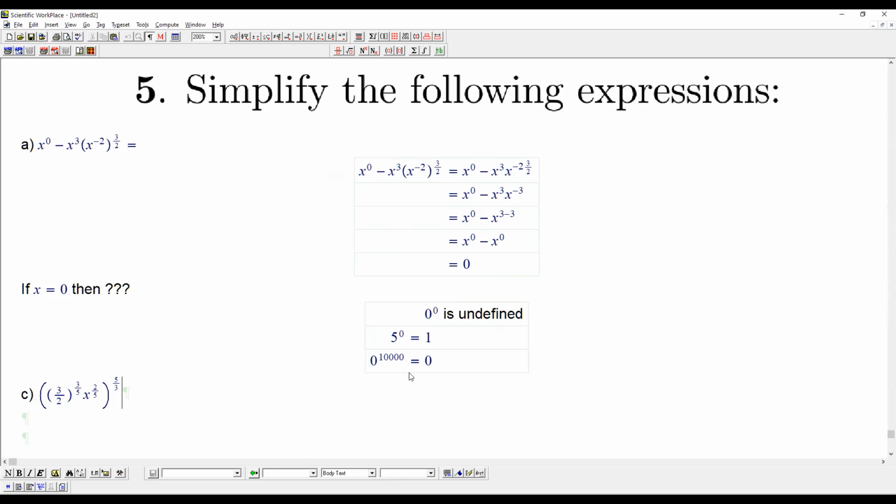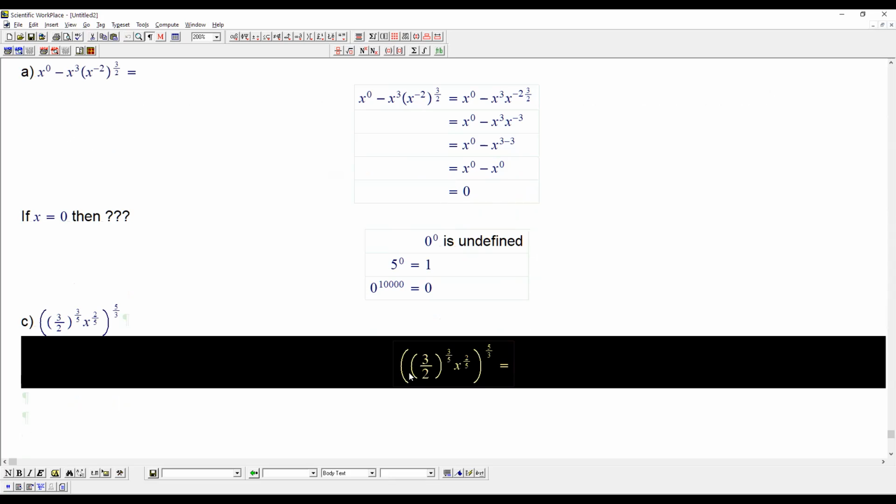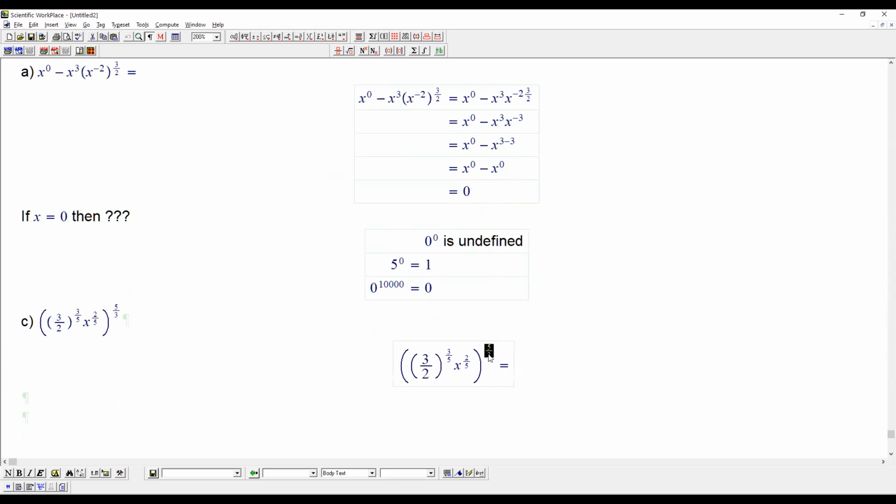All right, so let's try it. This equals to, so the first rule here is, again, we have an exponent. What this means is we are going to multiply the exponents of every term inside the parenthesis, since they're multiplied. So this is going to give us this.